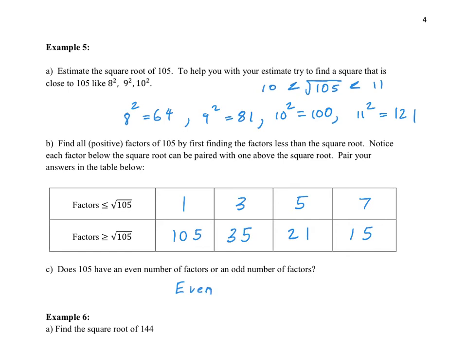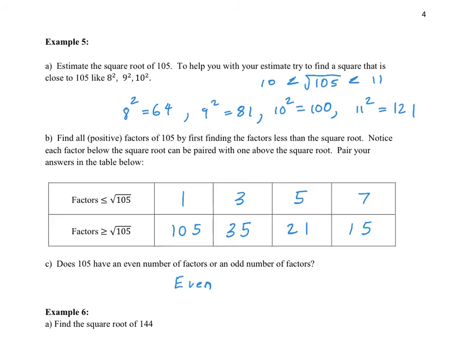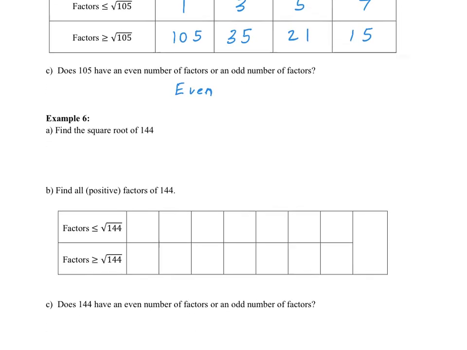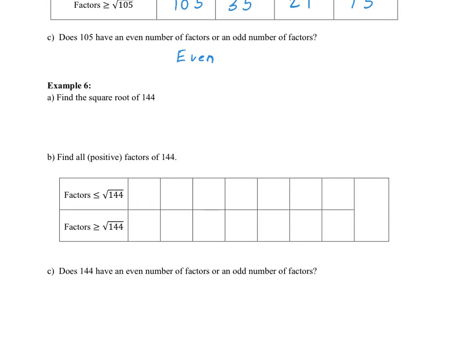So it turns out there's 2 classes of this type of problem. This is one of the classes. We're going to now look at another class of the type of problem, and then we'll summarize it all afterwards. So this time we want to find the square root of 144. So we're looking for all the factors of 144.